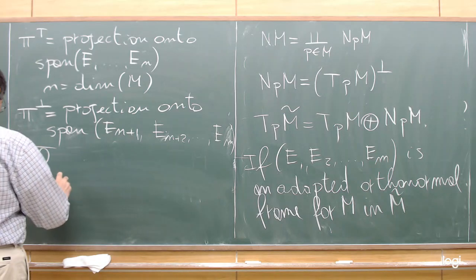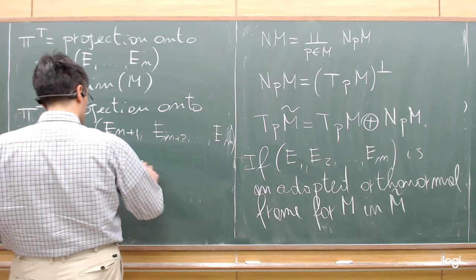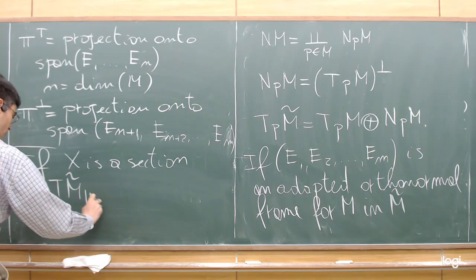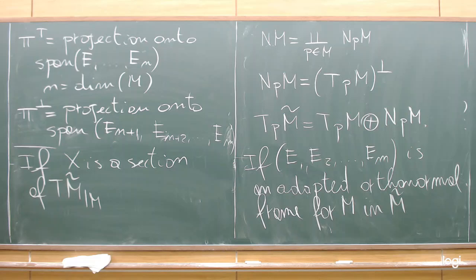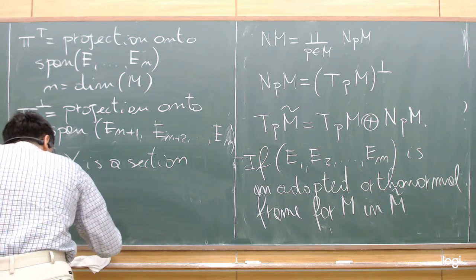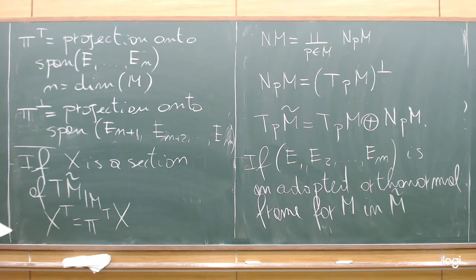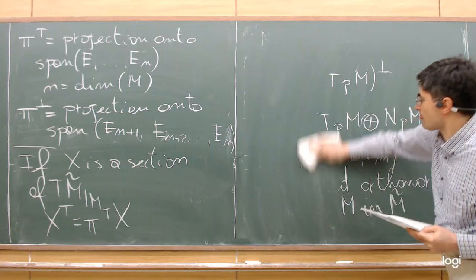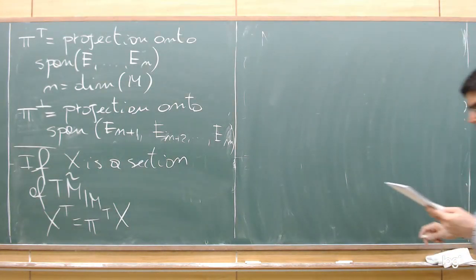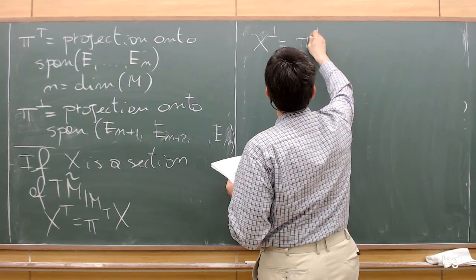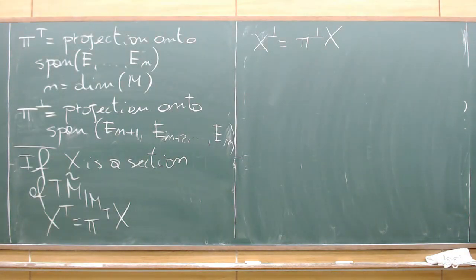If X is a section of the restriction of the tangent space of M tilde to M, then X tangential, given by pi tangential of X, is the tangential part of X, and X orthogonal is the orthogonal part of X.